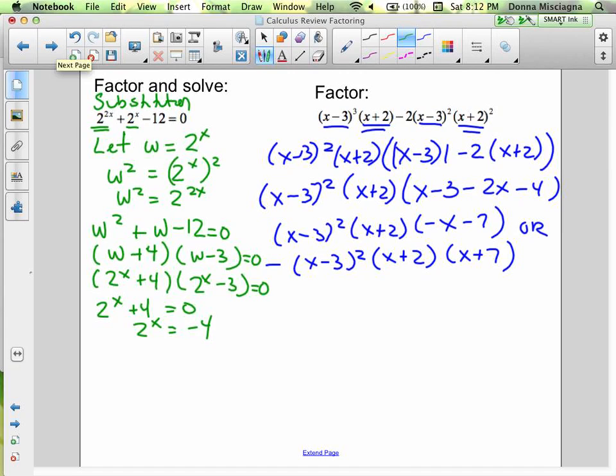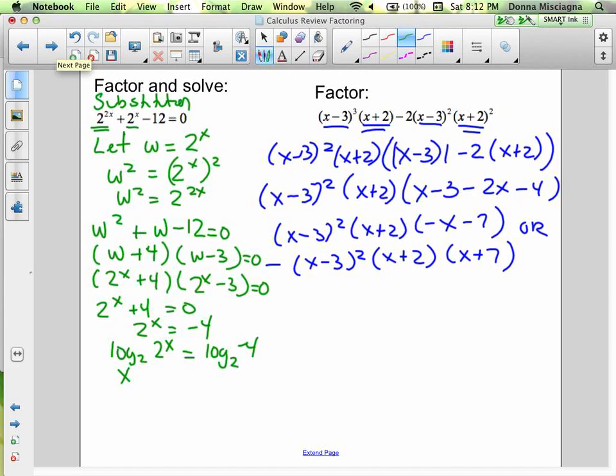How do you solve an exponential? Take a log of both sides, right? All right, so we have log base 2 of 2 to the x equals log base 2 of negative 4. All right, so the exponent can move in front, right? So this is x, and log base 2 of 2 is 1.